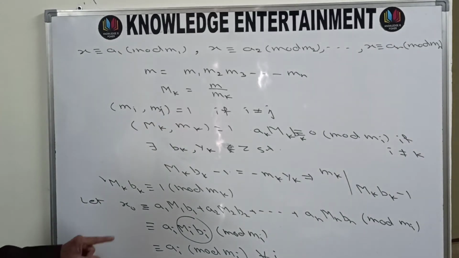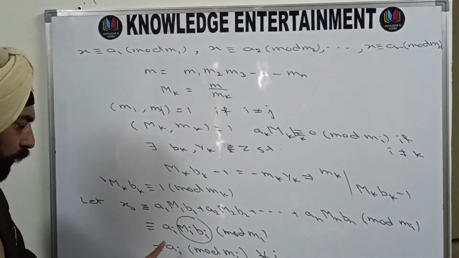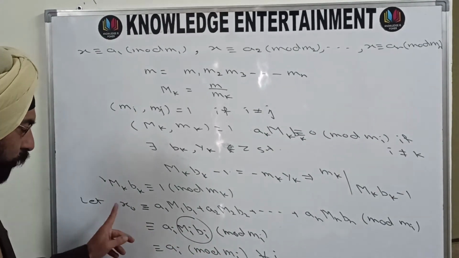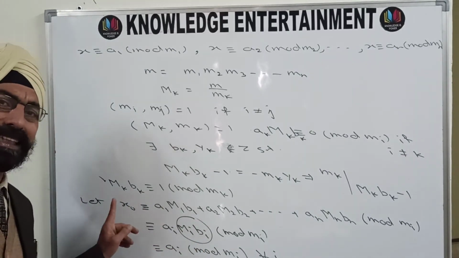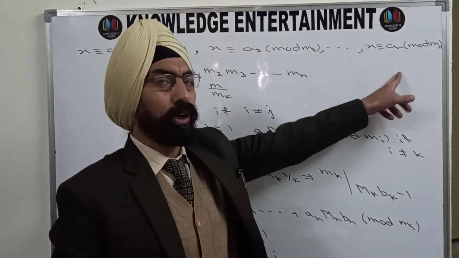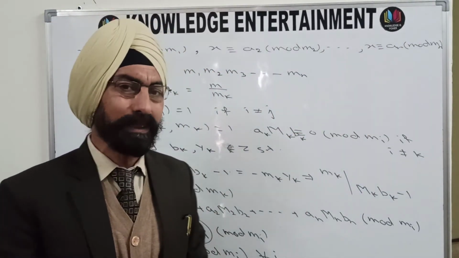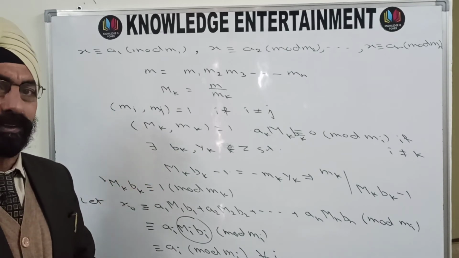So x naught satisfies x congruent to a1 modulo m1, x congruent to a2 modulo m2, x congruent to a3 modulo m3, and so on, x congruent to an modulo mn. That means x naught is a solution to this system of linear congruence equations.